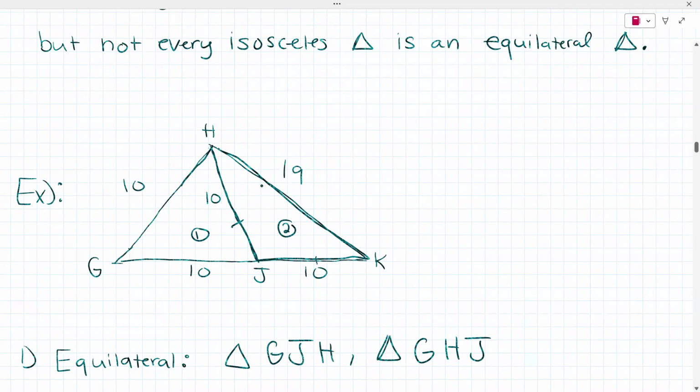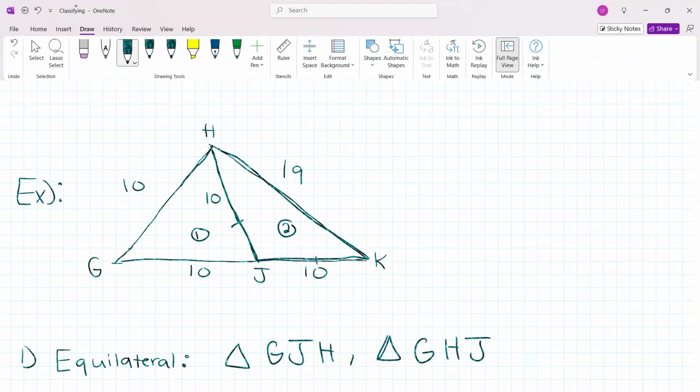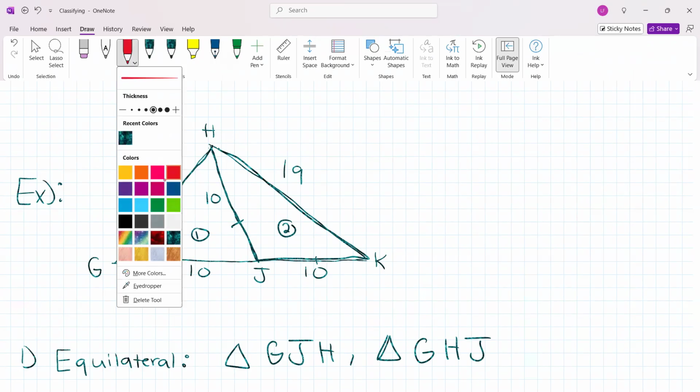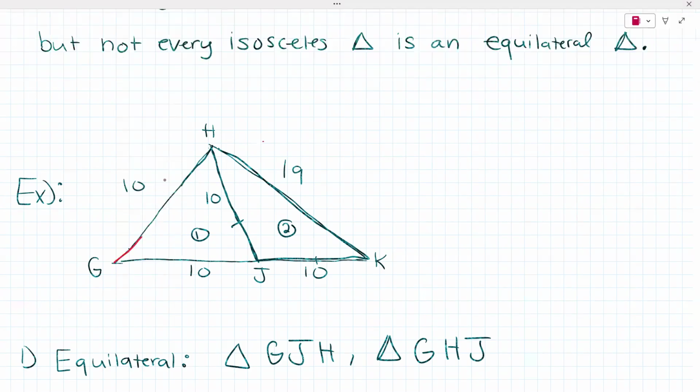Oh, I see three isosceles. The other one here. Let me use another color. The other triangle I see is the main one.